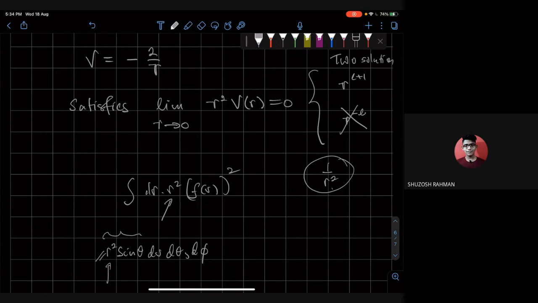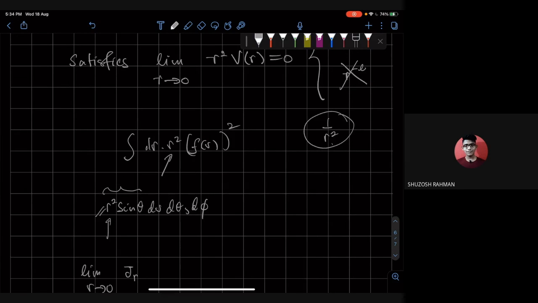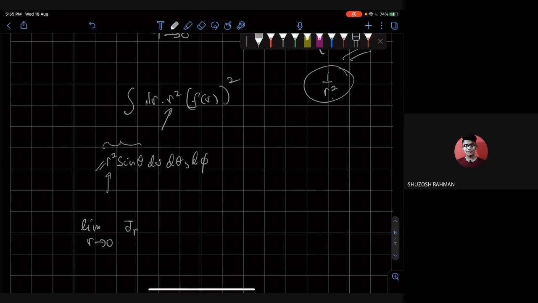Okay, so what we figured out was the r component of the probability density current, and we found that as r went to 0, this contributed to infinity.